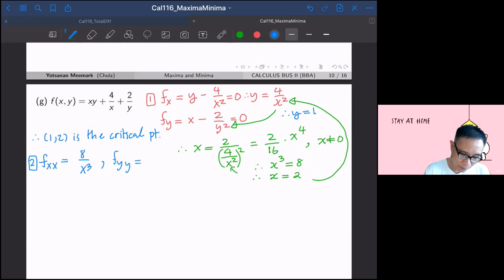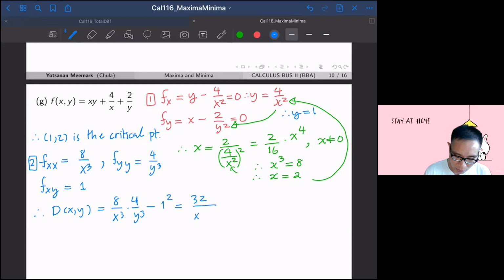Fyy is going to be 4 over y cubed. Okay, and fxy turned out to be what? fxy turned out to be 1. So D, which is D(x, y), equal to 8 over x cubed times 4 over y cubed, minus 1 squared. So it's going to be 32 over x cubed y cubed minus 1.